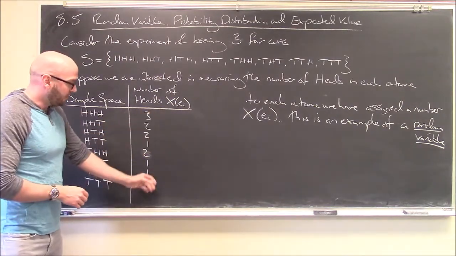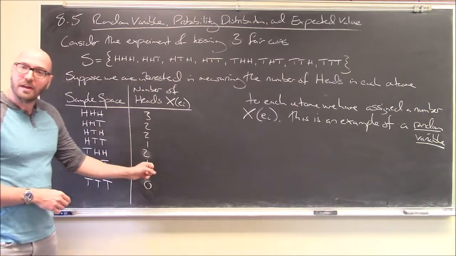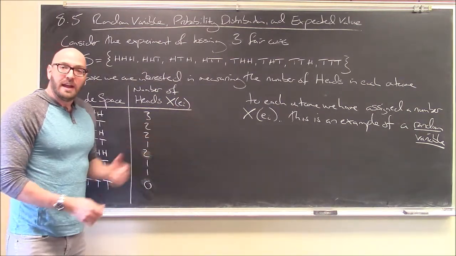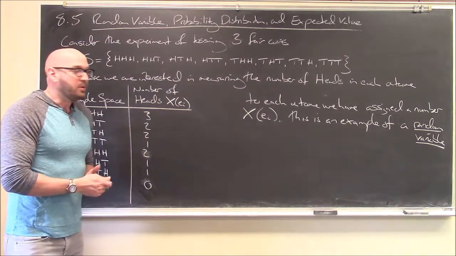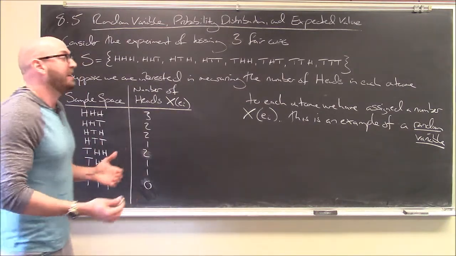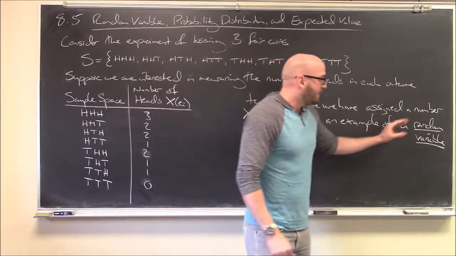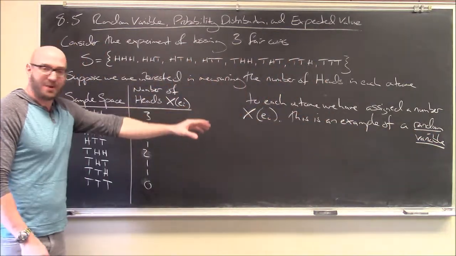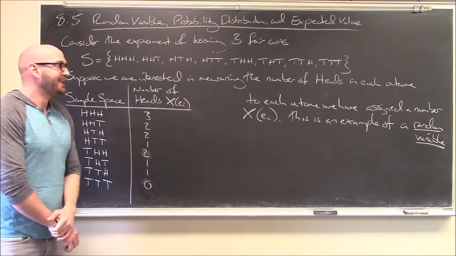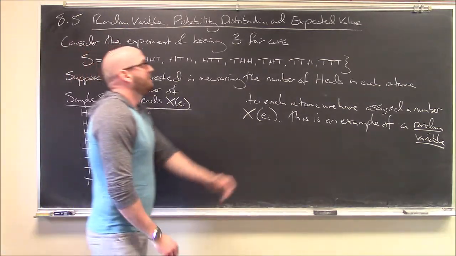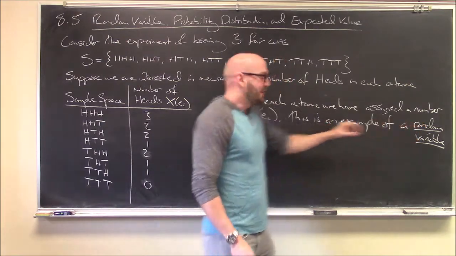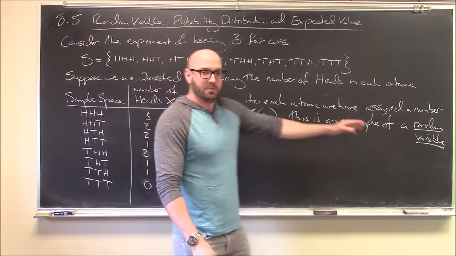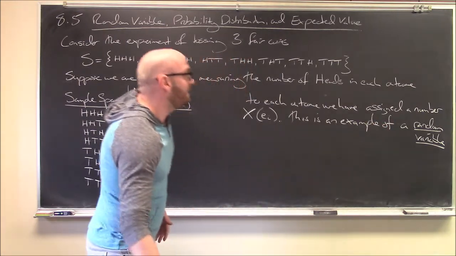The number I'm assigning is the number of heads in that particular outcome. Anytime someone first learns about random variables, the person explaining it points out that this is a terrible name. It absolutely should not be called random variable, but it's a name that's stuck over the centuries. Why? Because one, it's not random. I'm not making a random assignment; I'm making a specific choice. And two, it's not a variable, it's a function. But the name is what it is.